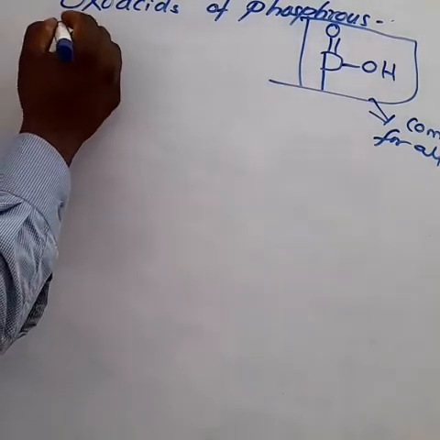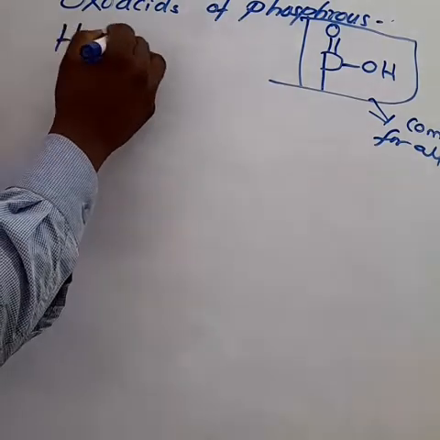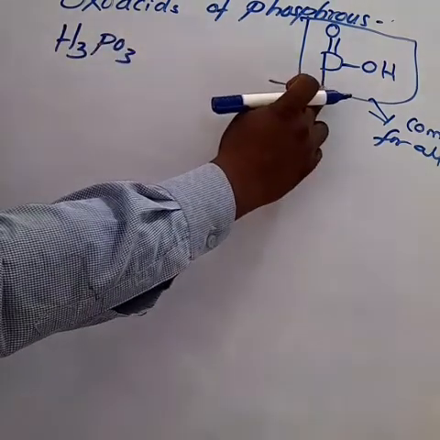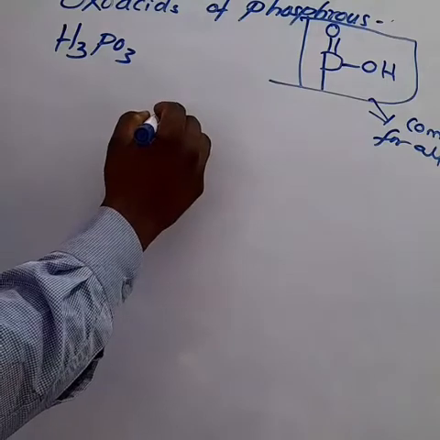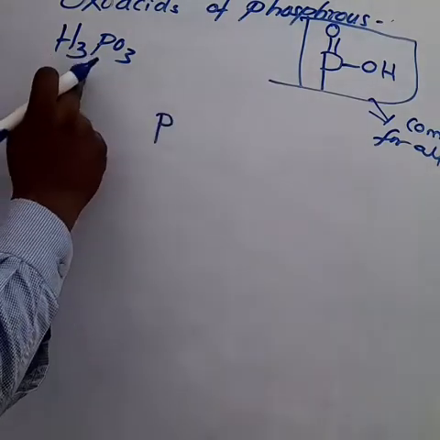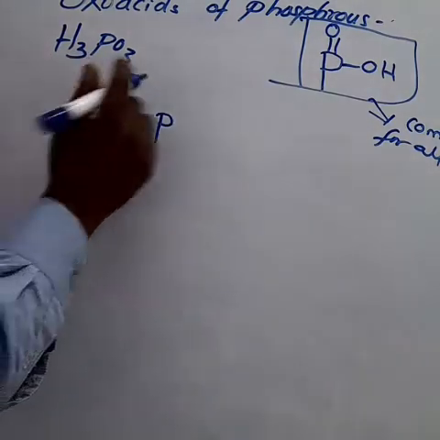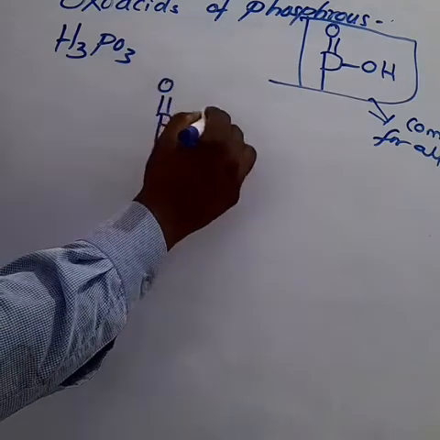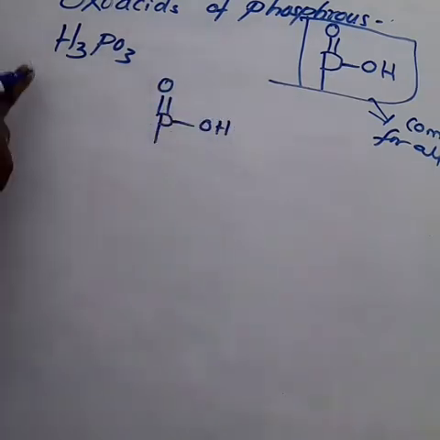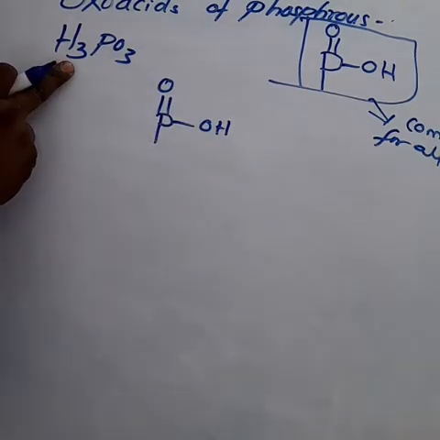Next, I told you which is the common group: P double bond O, OH is the common one. So you have to write it. Next one, orthophosphorus acid. Then come to the formula. Orthophosphorus acid, what's the formula? H3PO3.